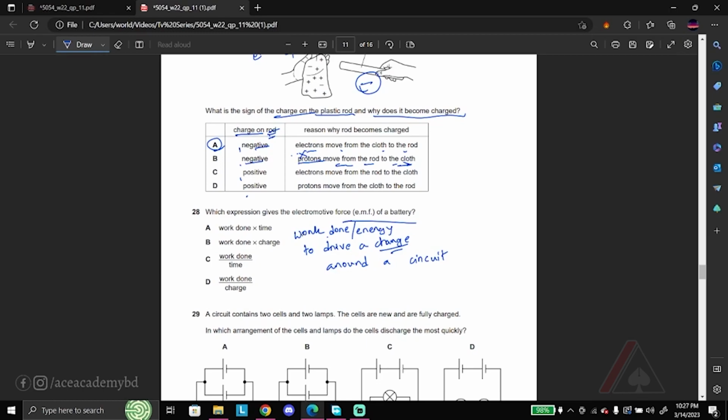In other words, we can write it as work done per unit charge. So this is work done divided by charge.